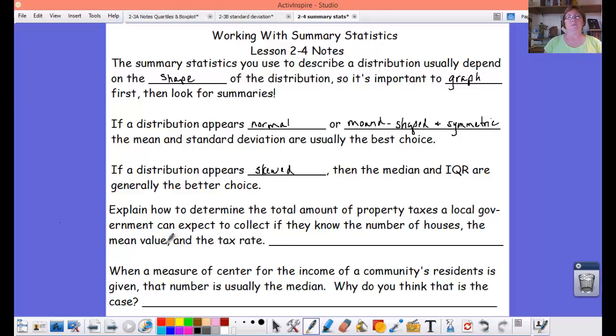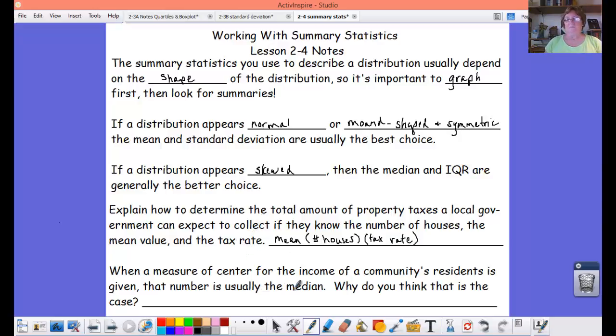Well, if you know the mean, then you should be able to multiply mean times number of houses, and that'll give you a total tax base, right? That'll tell you the total amount of dollars there, and then multiply that whole thing by the tax rate. Knowing the mean allows you to figure out and to plan ahead for what's coming.